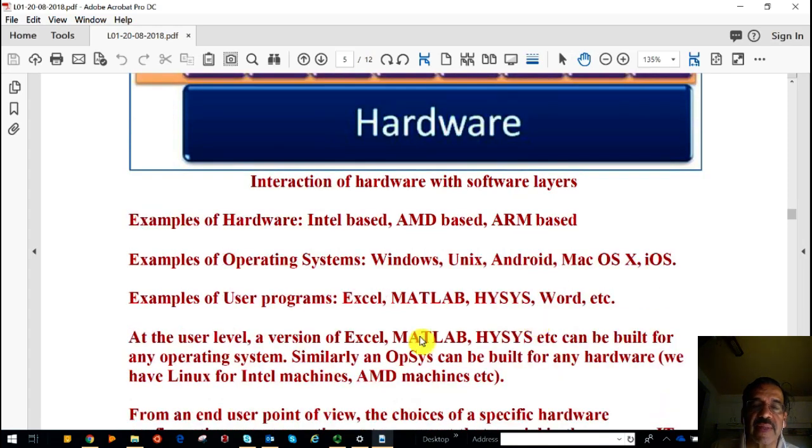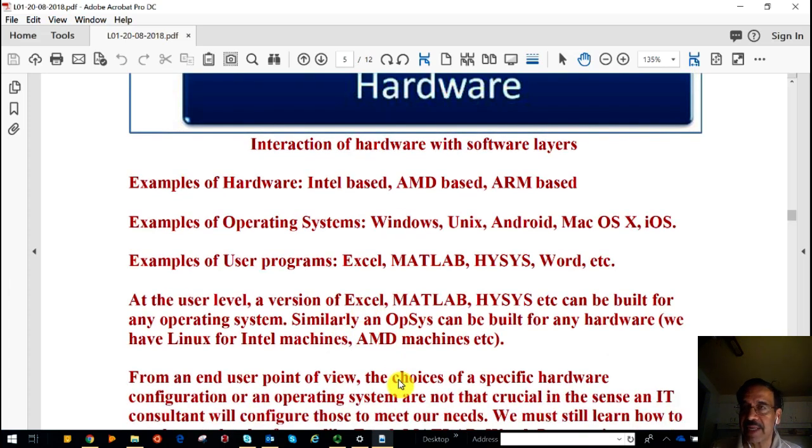At the user level, we have examples like Excel, MATLAB, HYSYS, Word, and these can be run on any operating system. So you will find a MATLAB version for Mac, or a MATLAB version for Unix, or a MATLAB version for Windows. But MATLAB will look essentially the same in all these different operating system environments, which can run on different hardware, but to the user, it will look the same.